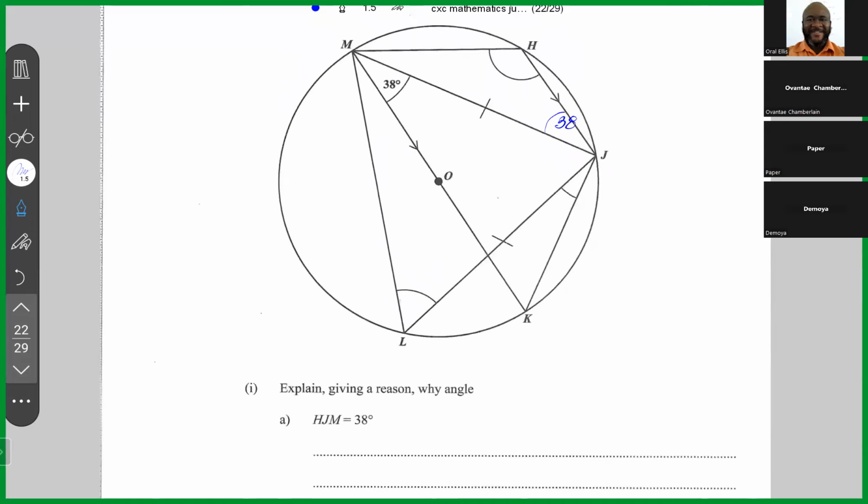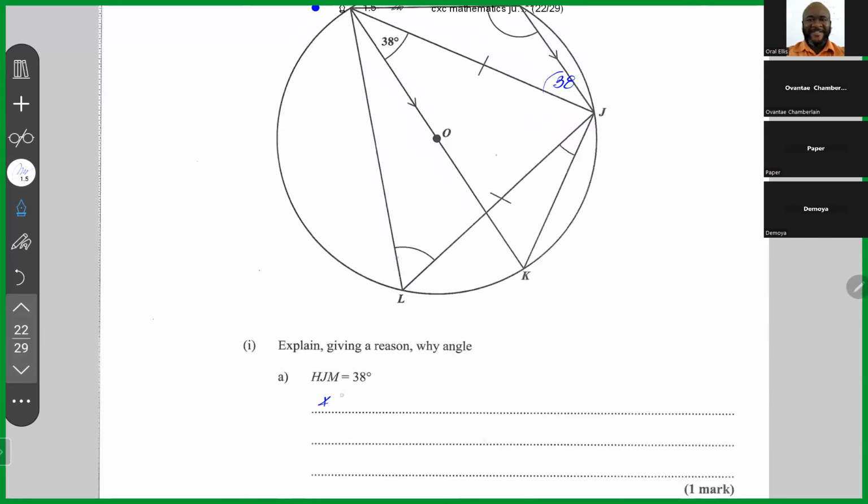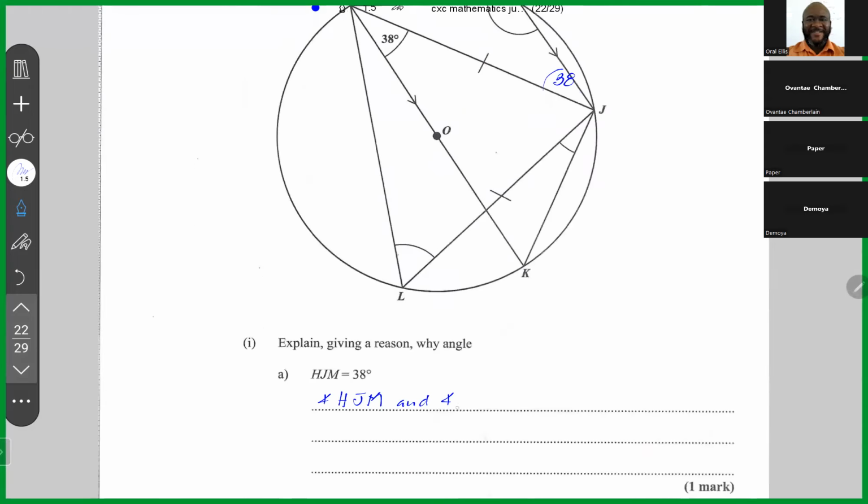So I would say that angle HJM and angle JMK, which is equal to 38 degrees, are alternate angles, and alternate angles are equal.